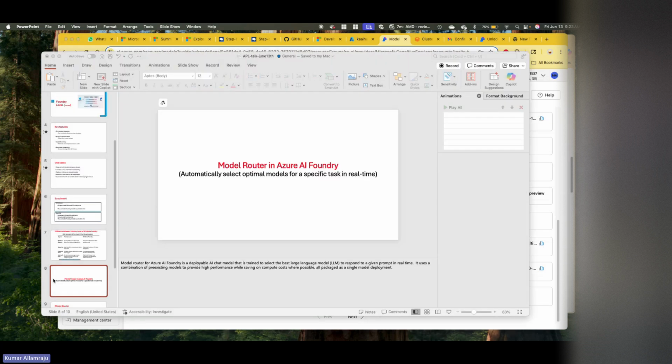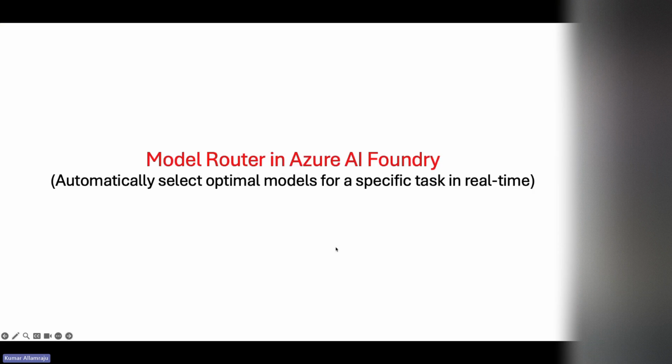And if some of you are aware, there is something like Azure AutoML in Azure Machine Learning. What it does is pick the best machine learning model on your behalf and run it. You don't have to worry about which model to use, whether it's supervised learning, unsupervised, and whatnot.